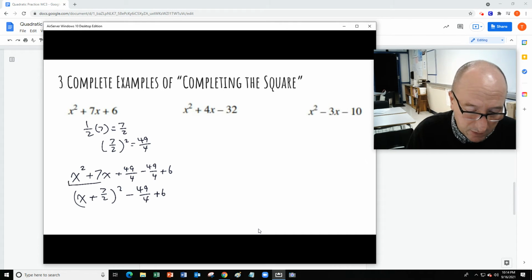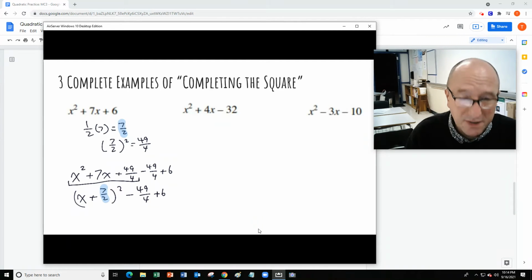Notice how I took these three and these became the perfect square. This 7 over 2 right here came from right there. Now I can clean that up at the bottom there. The 49 over 4 plus 6, I can express 6 as 24 over 4.